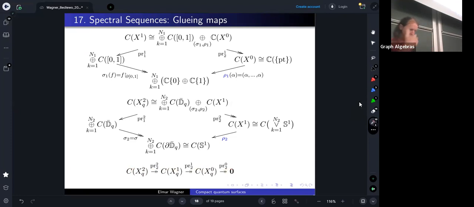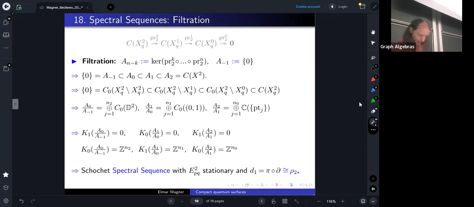From each skeleton we project down to the next one, and we stop at 0. The filtration which we consider is given by this sequence of projections. We can use this one as a restriction to the skeleton of dimension one less. Now, the filtration comes from considering the kernels.